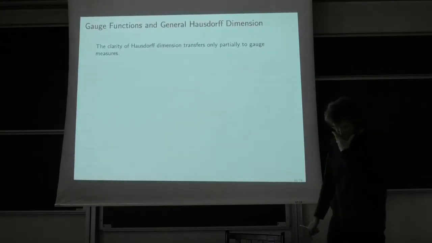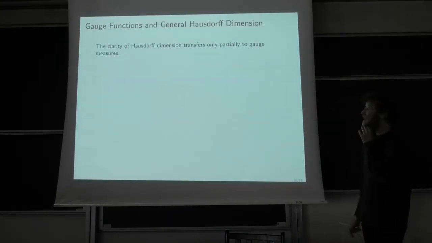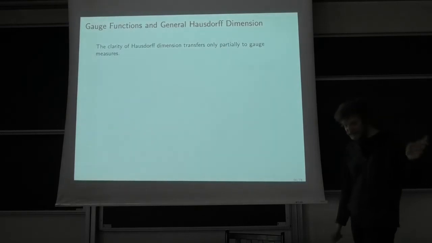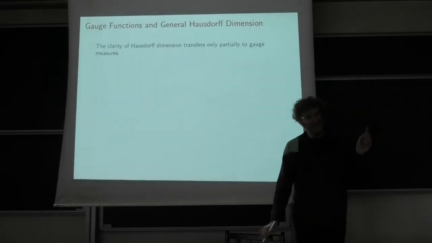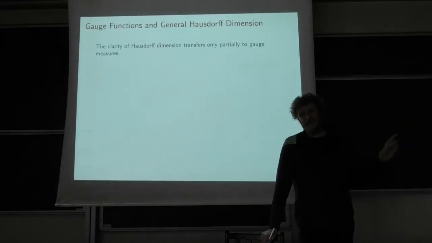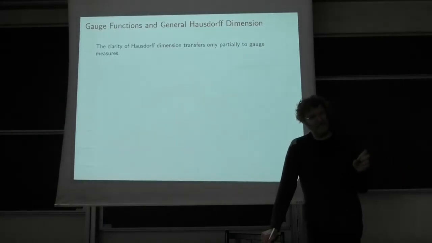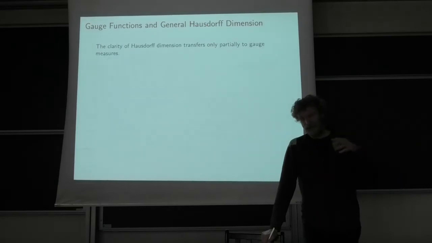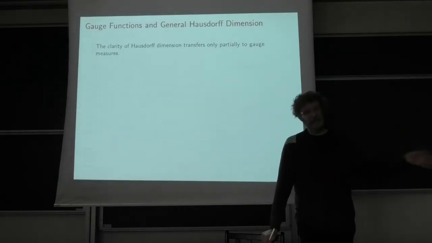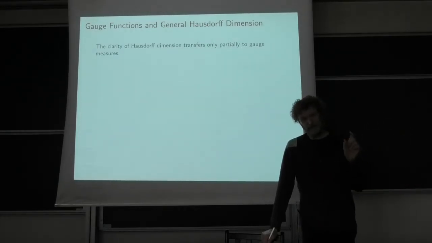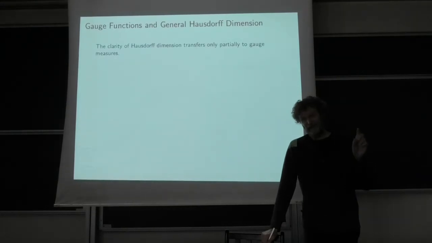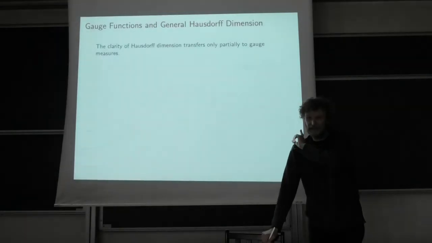Some of the things that are true about Hausdorff dimension: Hausdorff dimension only partially had the properties of Lebesgue measure, and Hausdorff measures were not fully additive, as Lebesgue measure is. Some further things do not generalize from Hausdorff dimension to dimension for these gauge functions.